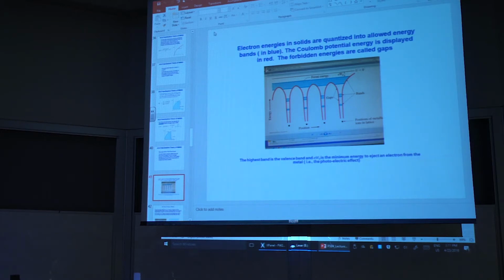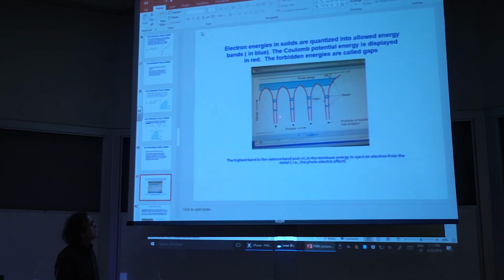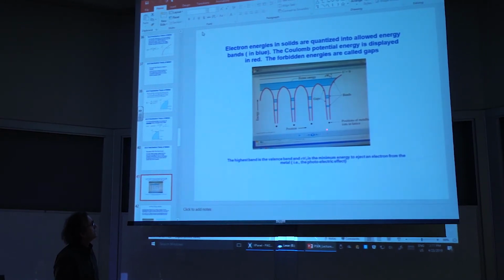These are labeled by the traditional SPDF nomenclature, or the principal quantum number nomenclature, but they now form bands instead of discrete energies. It is a periodic lattice.